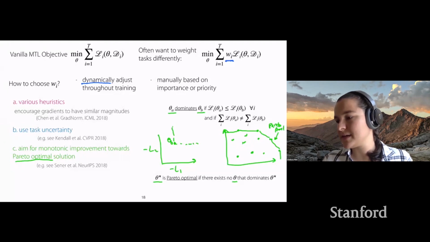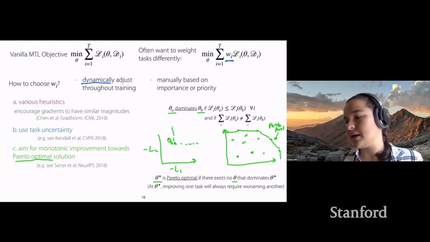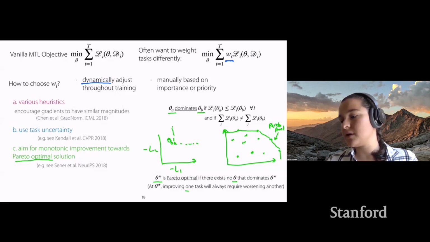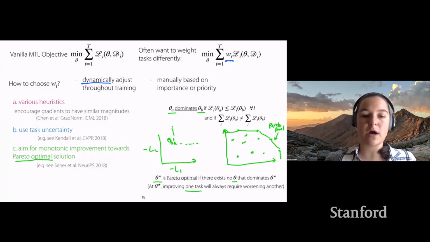If you're at a Pareto optimal point, then improving for one task will always require worsening the performance for another task.